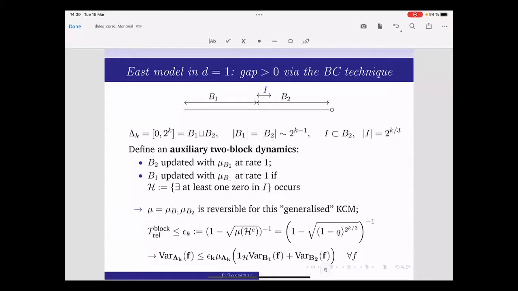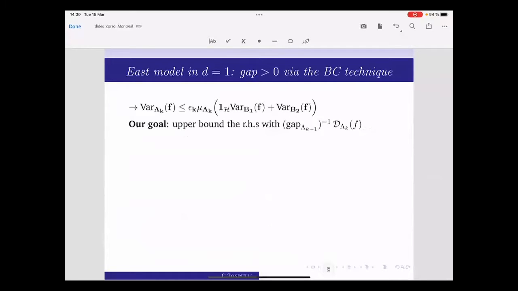I just rewrote the same formula because I was changing slide. For this inequality, for the moment, I've not used the dynamics of the East model. I just wrote an inequality which follows from the study of these two-site block dynamics.